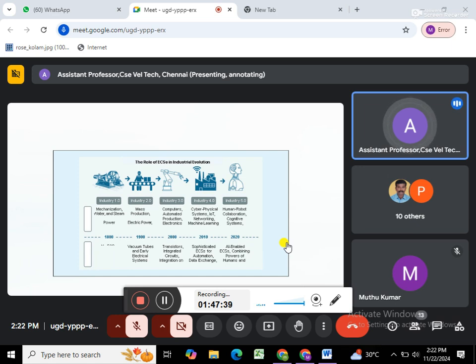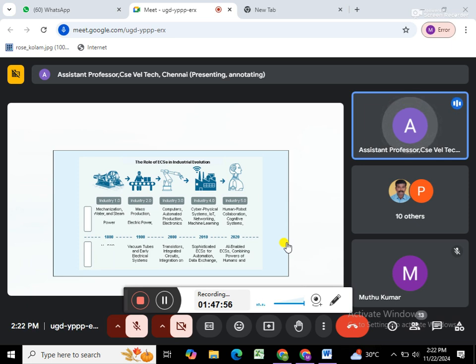Even in Industry 3.0, the same concern came up, like what most people said: most of the jobs will be lost. The computers have started working, so many people will not get jobs.